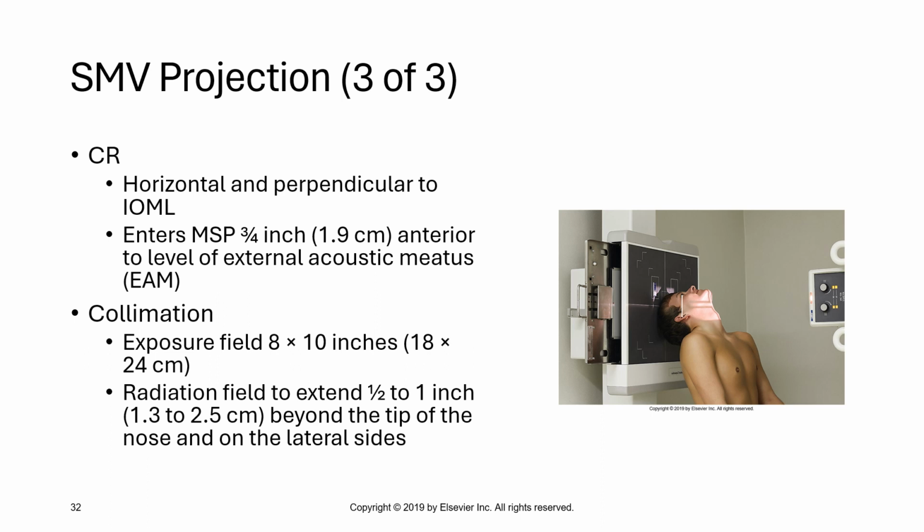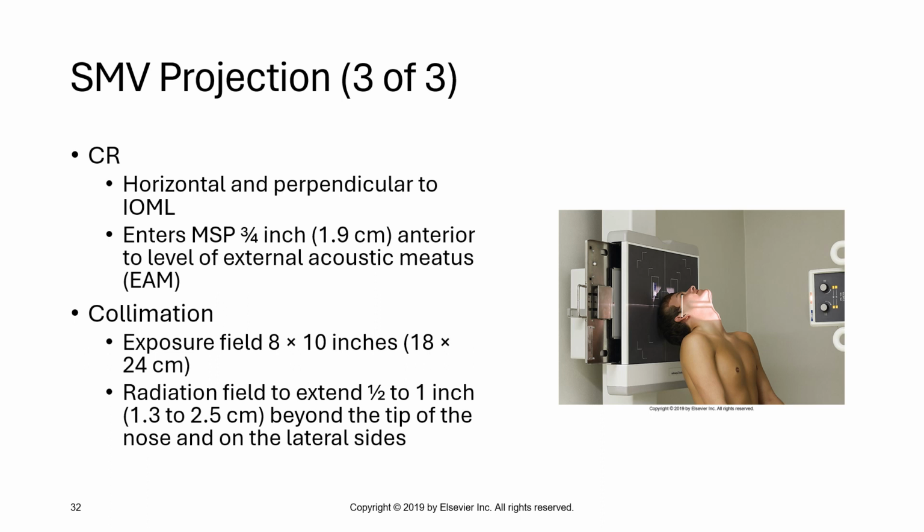The central ray enters the mid-sagittal plane three-quarters of an inch anterior to the level of the EAM, which is almost at the gonion, the angle of the jaw. Collimated field 8x10; I think you can go 6x6 and you'll be fine, a half to one inch beyond the tip of the nose.